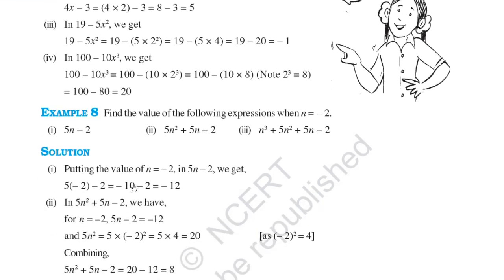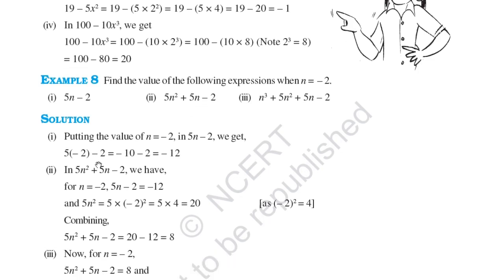Find the value of the following expressions when n is equal to minus 2: 5n minus 2, n square plus 5n minus 2, and this third one. So putting n is equal to minus 2 here, you know that the minus sign will come outside. It will become minus 10. Minus 10 minus 2 is minus 12. Now in here you can see n square, when minus 2 is inside the square, it will become positive.